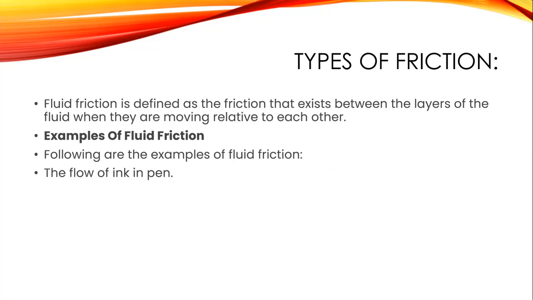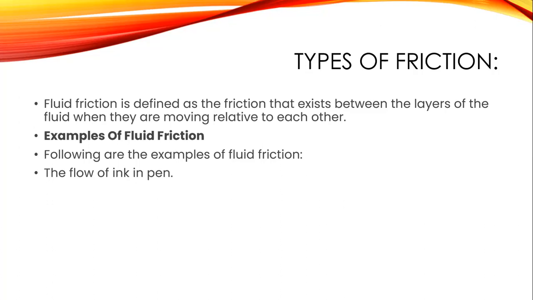And the next one, fluid friction. This is the friction created by allowing a fluid medium to pass through a channel. For example, water flowing in a pipeline is one of the best examples of fluid friction, as is water discharged by passing between the blades of a hydraulic turbine.